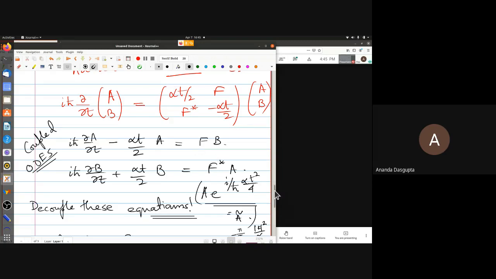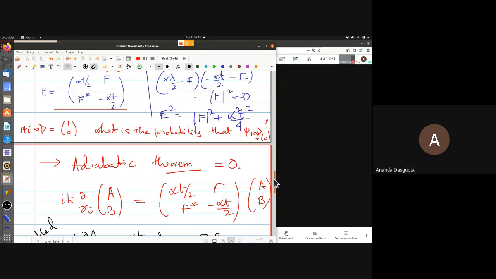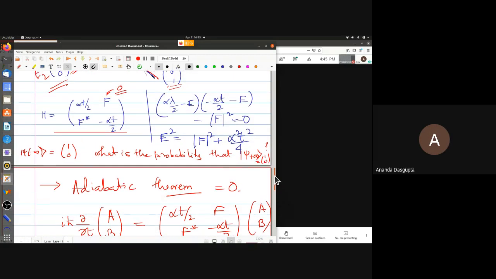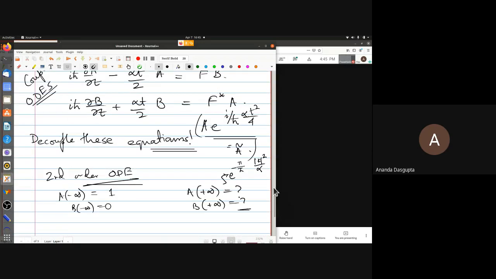And this particular model is a very good model which has been used for various things, including chemical reactions, nuclear transitions, and so on. It's called the Landau-Zener model.